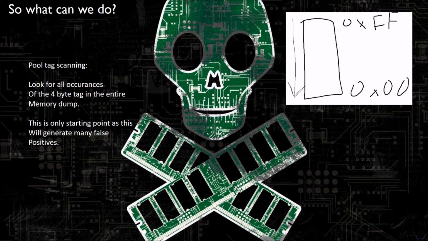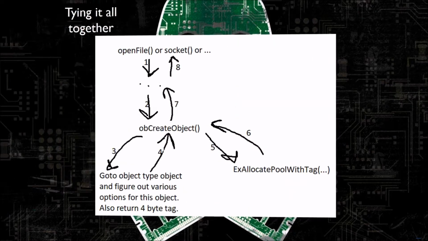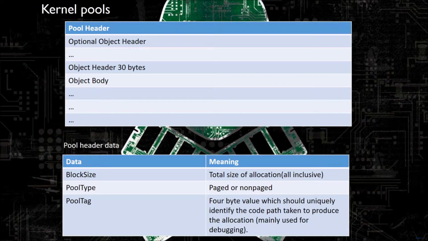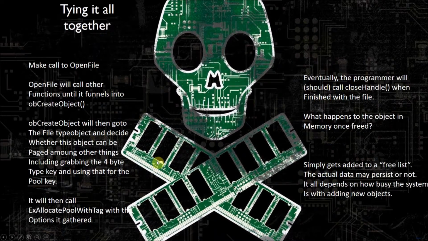So how can we see what resources were used? Well, like I said before, this pool tag is set to a very predictable value, the 4-byte value of the object types.